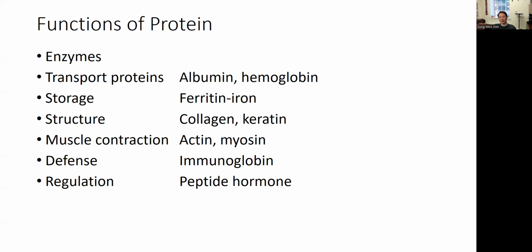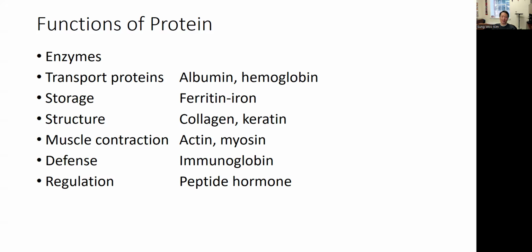And there's a protein function in storing nutrients. An example is a specific protein called ferritin. This is a protein which will bind to iron and store the iron in the body. Some types of protein have a key function in maintaining the structure of the body or tissue.